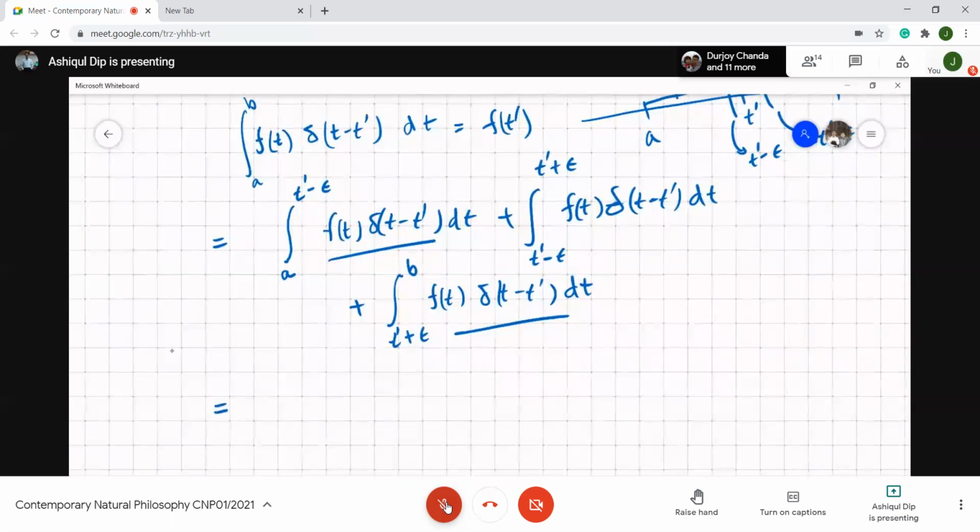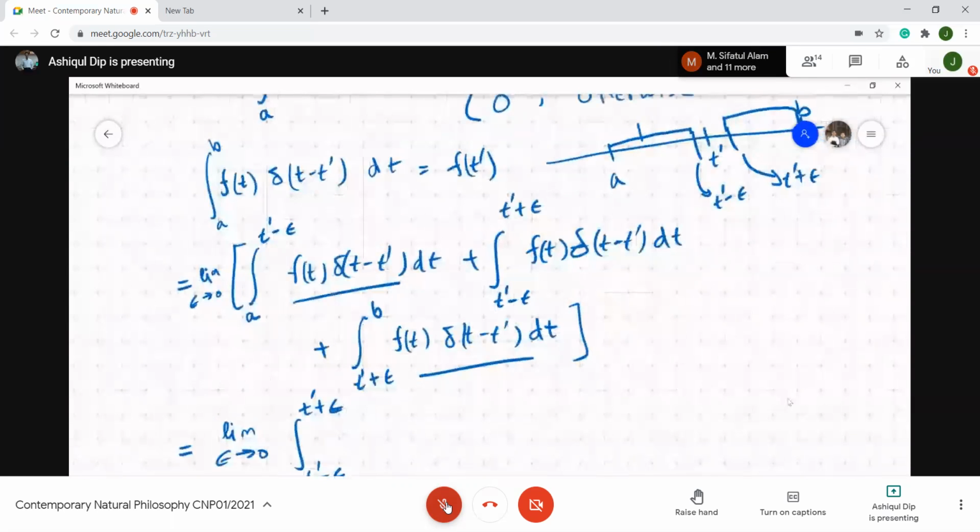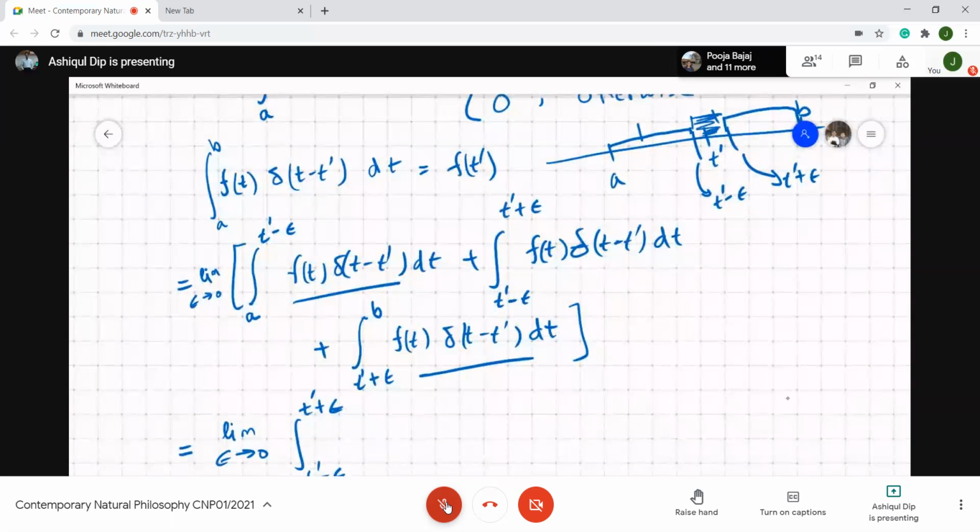We are also applying a limit epsilon tends to 0. So limit epsilon tends to 0, integration from t′ − epsilon up to t′ + epsilon, which means we're actually talking about integration over this region only.